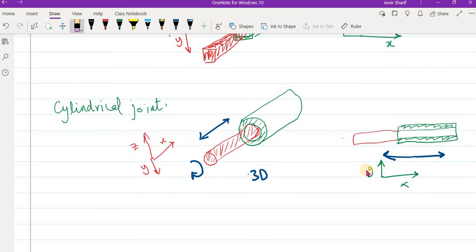So we simply say that it doesn't exist. We cannot actually calculate the constraints in 2D. So that's why we can say that it's not calculable. So just write down not applicable.